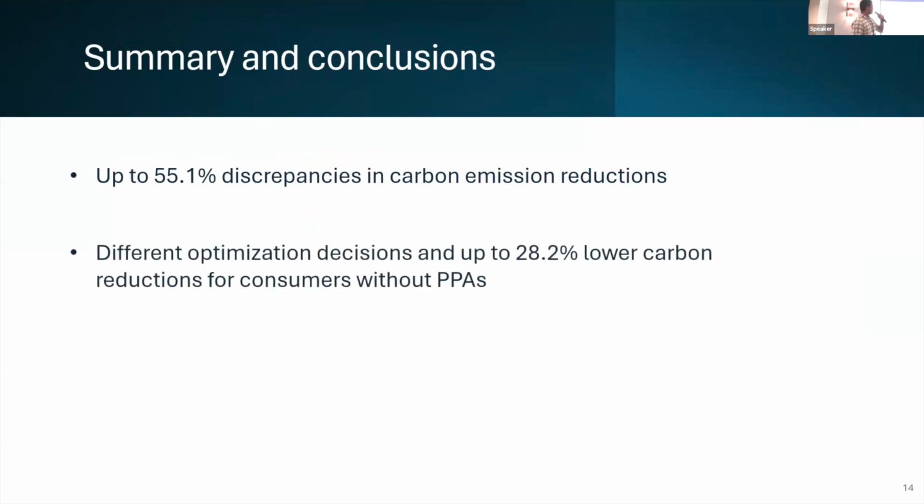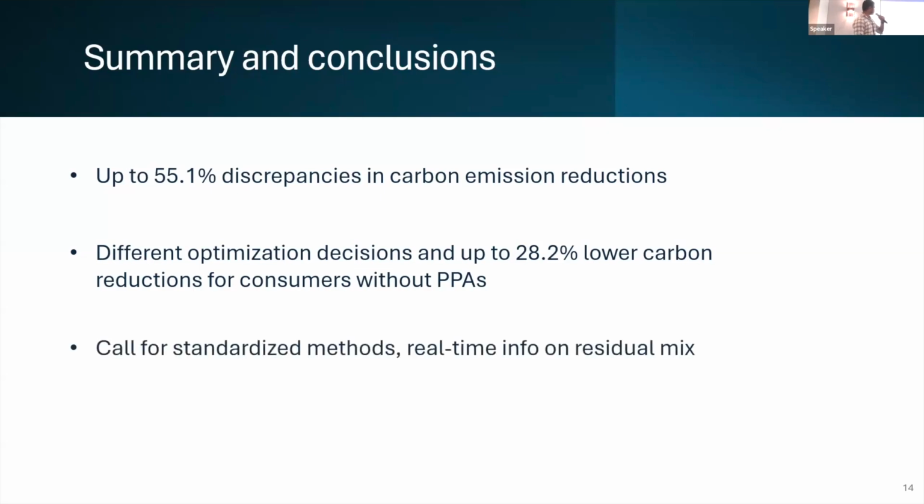We also show that had this residual mix been present in real time, and if we could calculate CIRES, then the carbon reductions for consumers without PPAs would be up to 28.2% lower than it is today. I would take this opportunity to call for a standardized method of attribution, as well as information about the residual mix and PPAs made available publicly in real time.